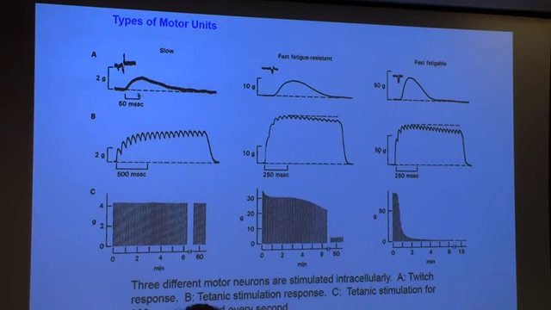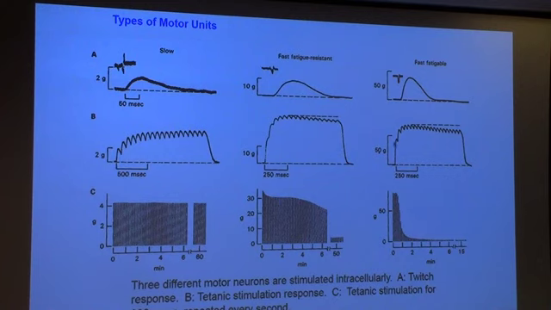The slow one generates its reaction slower than the other two, and the amplitude is lower. The other two are faster, especially type 2X, which generates a very large and very fast response. The 2A will be in the middle.